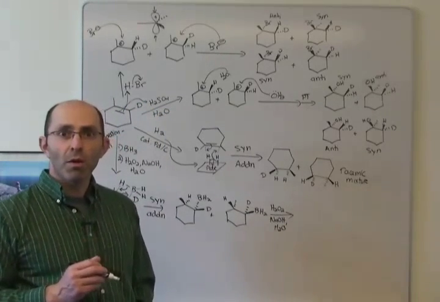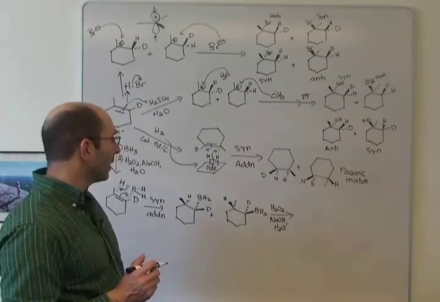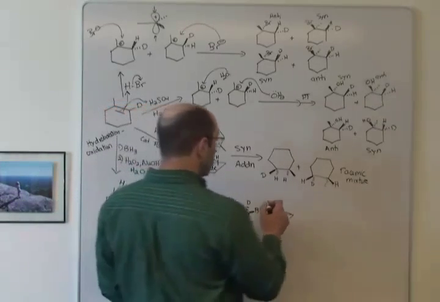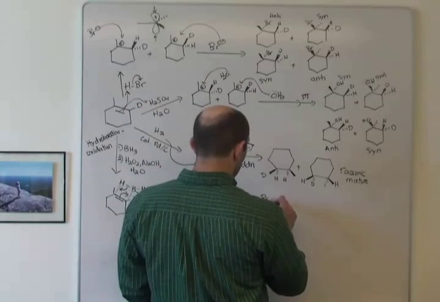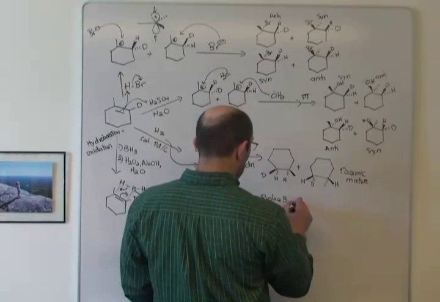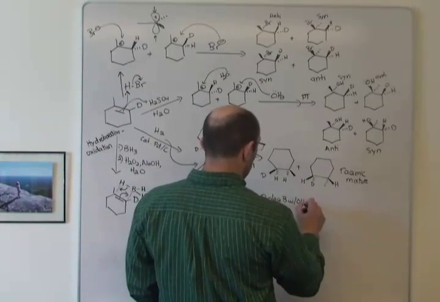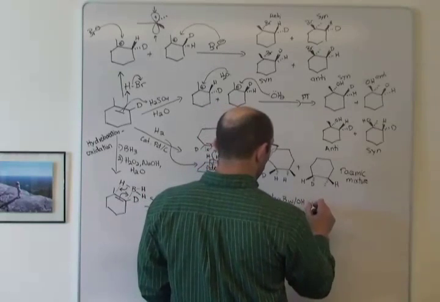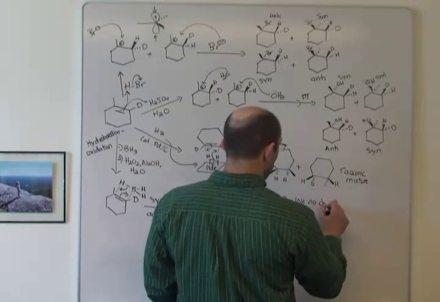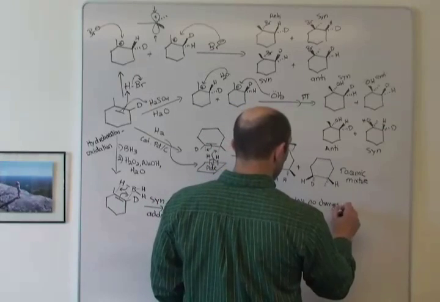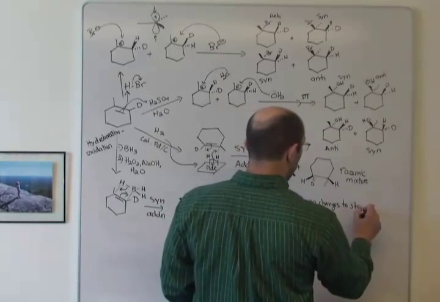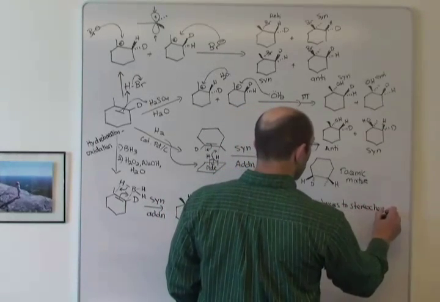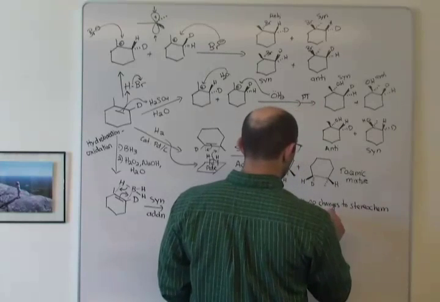You can look in your book or online to figure out what that mechanism is. But all we need to do is replace B with OH, and there are no other changes. So no changes to the stereochem. Since the stereochem doesn't change, this is called a retention reaction.